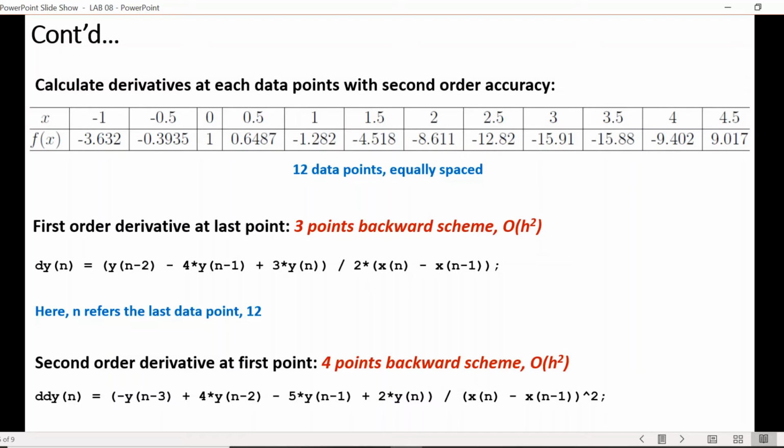The same goes for the second derivative, where to maintain second order accuracy we need 4 points in the backward direction. As you can see, n refers here to the length of the data points, which is 12 for our example, and is the last point.